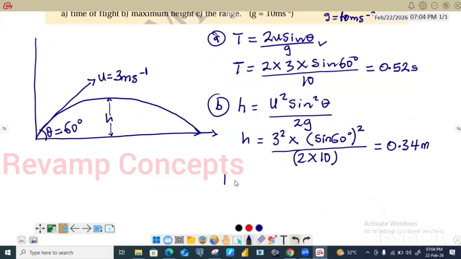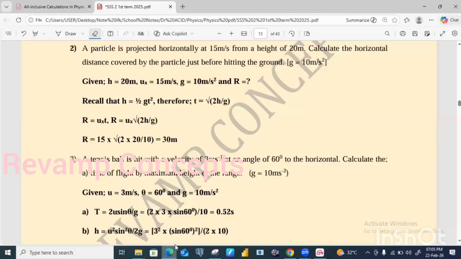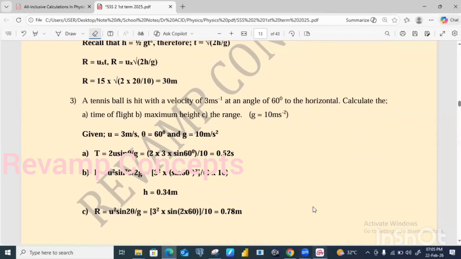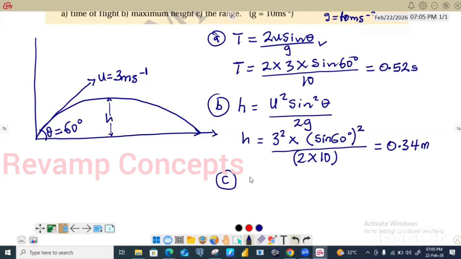What is the answer? Yeah, I'm getting 0.38. Check it very well. Oh, that should be 0.34. The answer is 0.34, not 0.8.